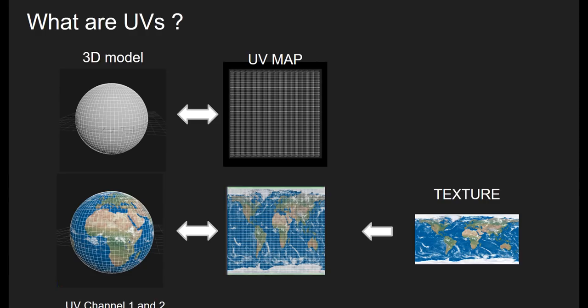So what is this wrapping? Well, it's the way we have in our 3D model this UV map, which is this map laid out flat. So what we do is like the reverse of creating a map.